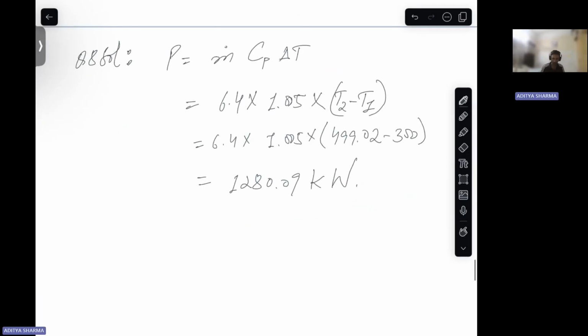This is the power related to this compressor that will be given to this compressor. They pressurize the gas so that its pressure ratio is 5.